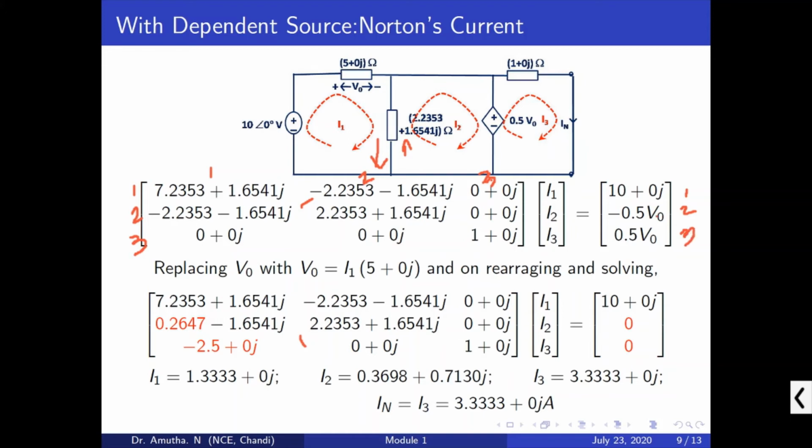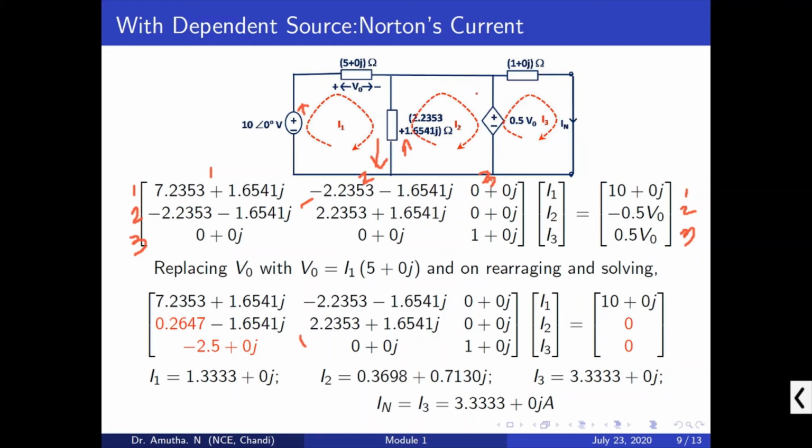For the first loop, only one voltage source is there, that is 10 plus 0j, and this voltage source is aligned with I1, because the positive terminal is aligning with the current direction of I1.